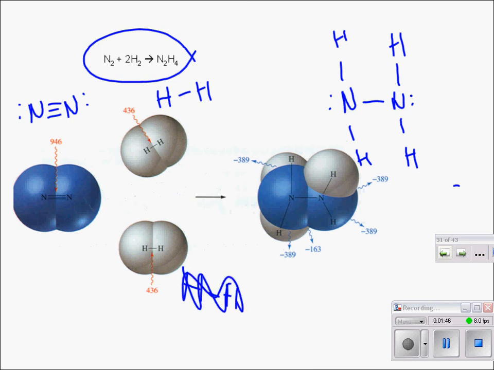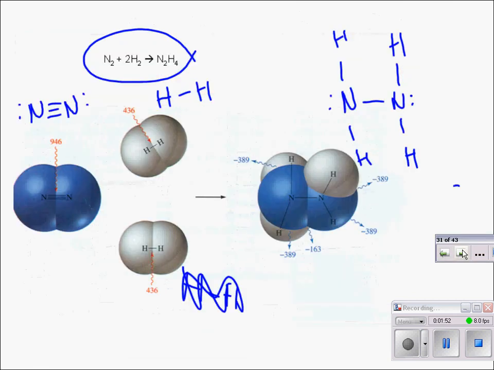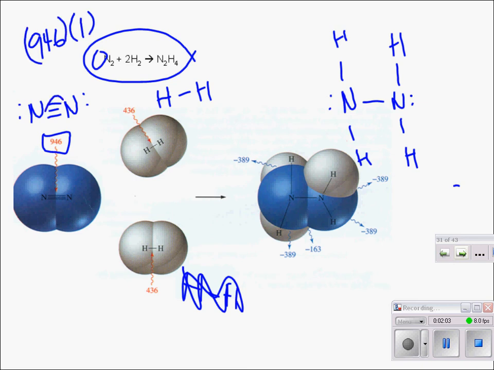So if I look right here, first of all, N2, triple bond. Bond energy is 946. The value is 946. If I look at the equation, what's the coefficient? Stoichiometric coefficient is 1. Then I look at the structure I drew, and how many triple bonds are there? Only one. So 1 times 946 gives me 946. The next thing I look at is my other reactant, H2.